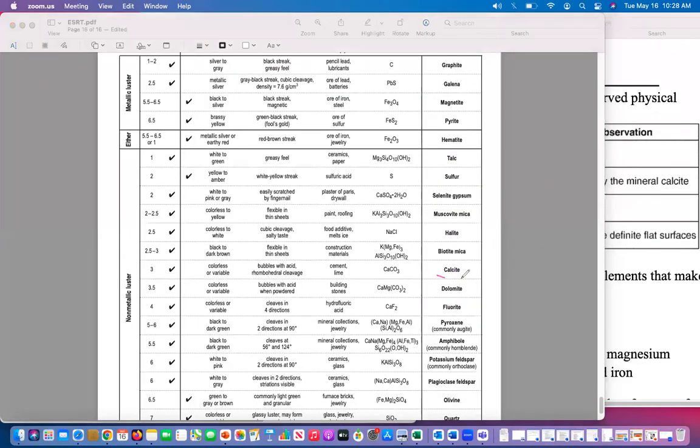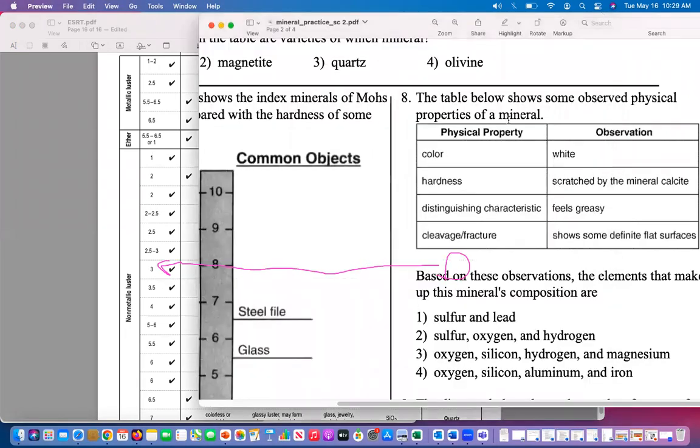The hardness of calcite looks to be 3. So if calcite can scratch this mineral, the hardness has to be less than 3. All right, it has to be 3 or less. So I already know the hardness has to be 3 or less.